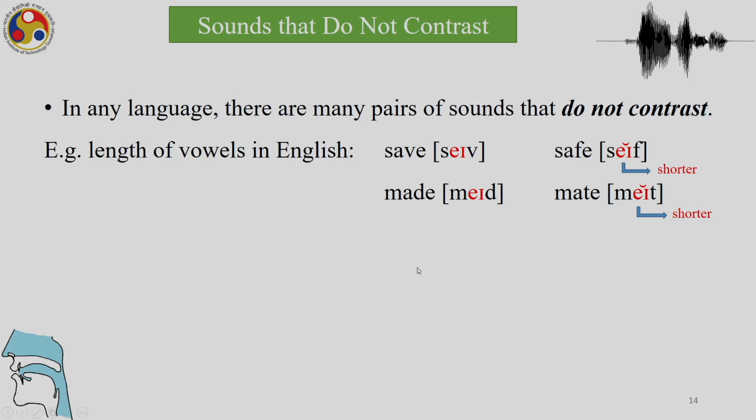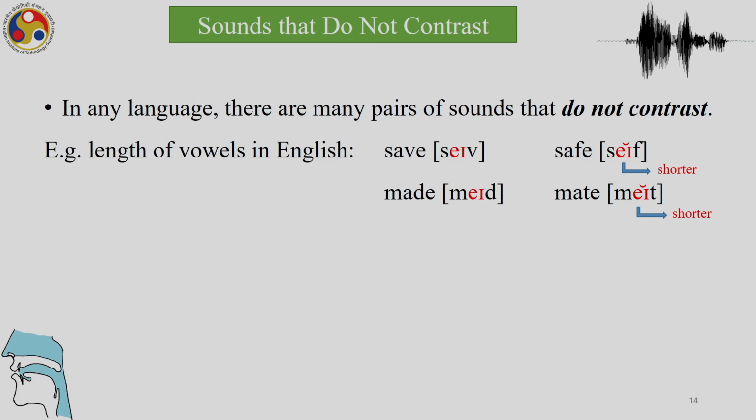Importantly, the adjective safe and the verb save have the same vowel, but an English speaker would hear the two words differently, not just because of the difference between v and f, but also because there is a difference in length between the two A's.